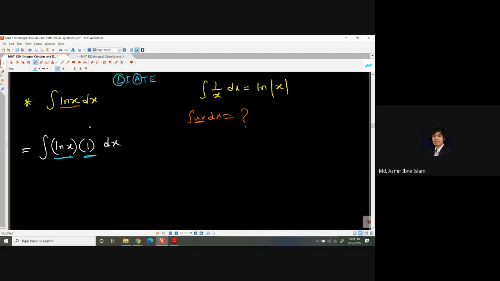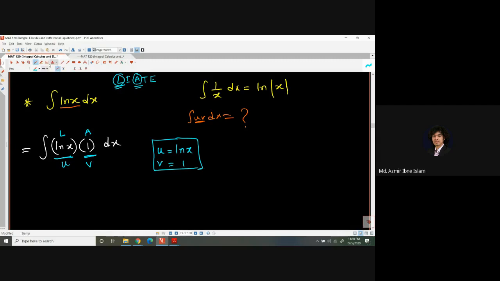Since logarithmic comes first, then algebraic, we must take natural log of x as u and the other part must be v. So we are writing here u equal to natural log of x and v equal to 1. This is our information.